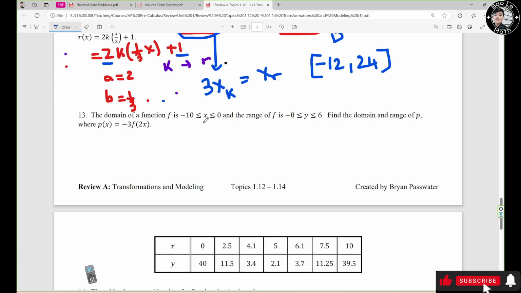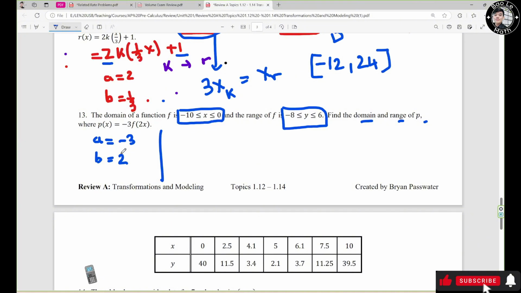The domain of the function f is given from negative 10 to 0, and the range is from negative 8 to 6. Now we need to find the domain and the range of the function p given by negative 3 f of 2s, right? So we have a equals negative 3, right? And b equals 2, right?